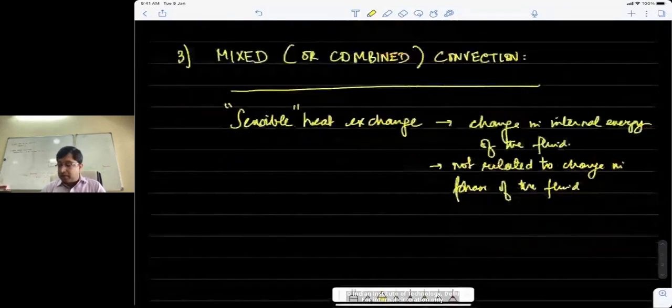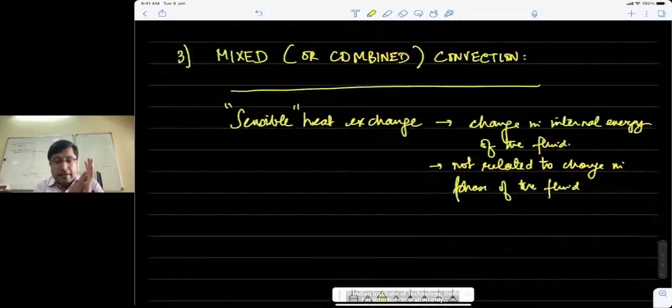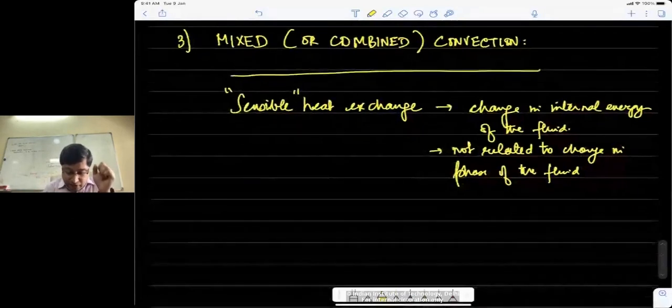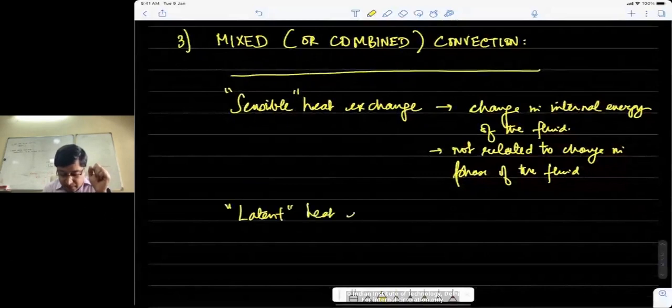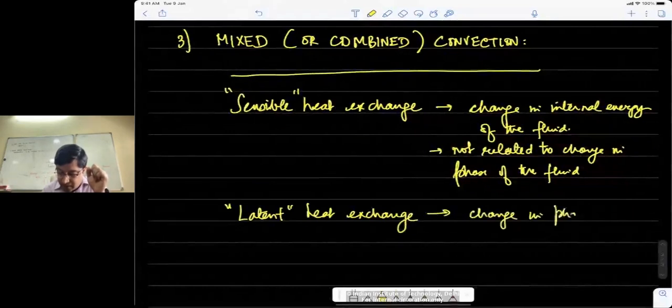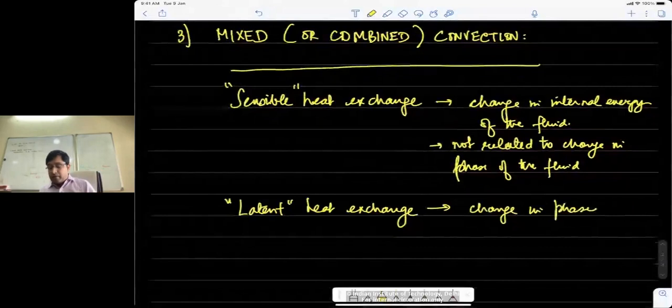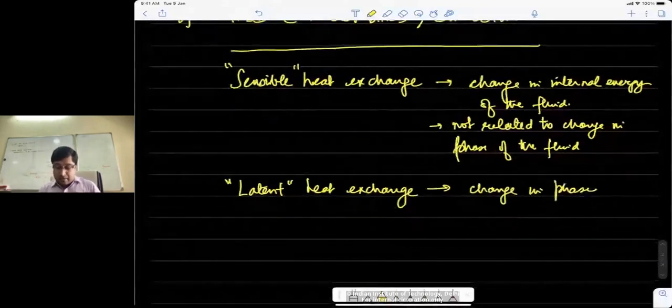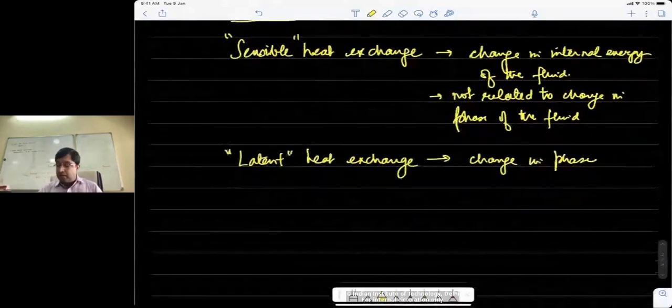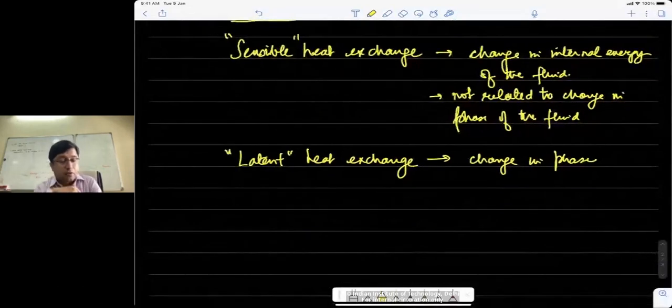But in nature, we also see a lot of processes where there's a change in phase, and those heat exchanges, because of the change in phase, are called latent heat exchange. So this is because of change in phase. And where do we see this? This will typically be true in heat exchangers, especially if I take you back to thermodynamics.